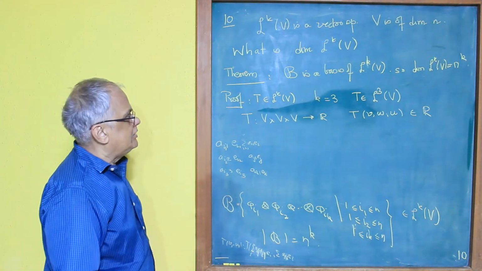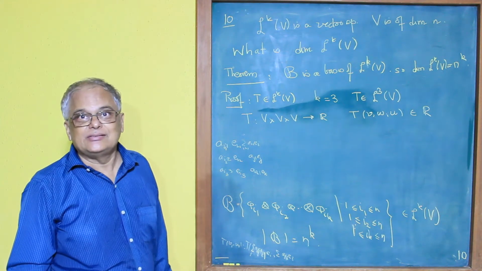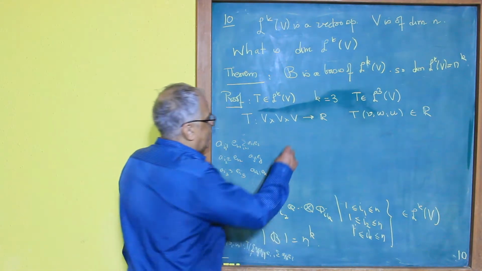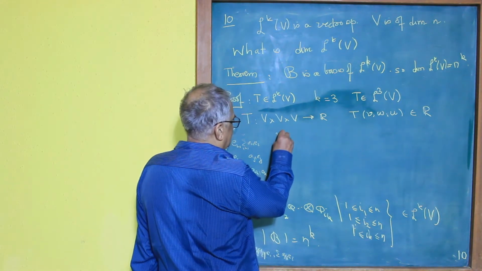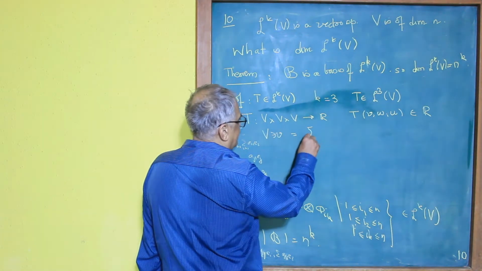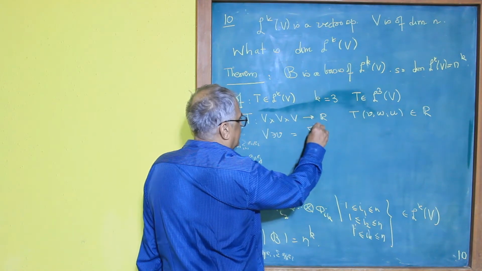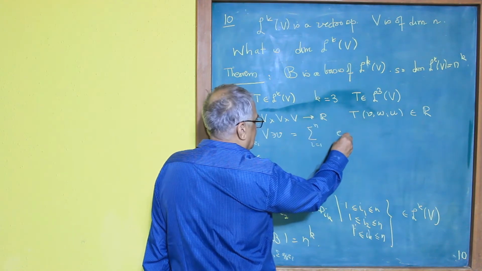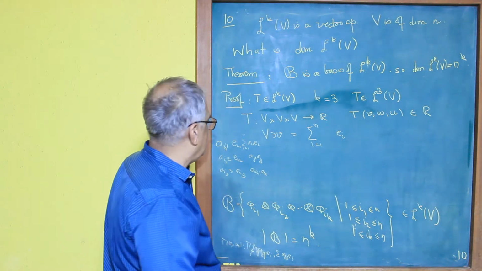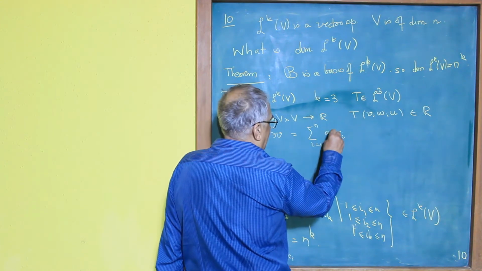Okay? Therefore, V, W, and U can be expressed in terms of the basis e_1 to e_n. So I'm going to write V, which is in V, as a summation i equal to 1 to n of e_i with some coefficients, because e_1 to e_n is a basis of V. Those coefficients I'm going to call a_i1.